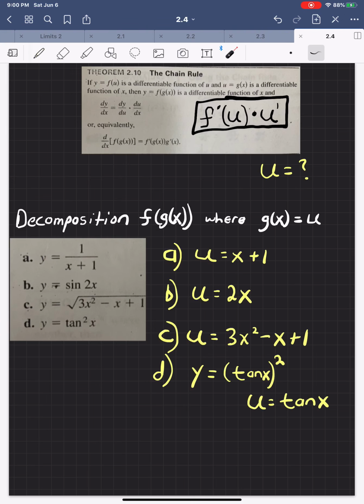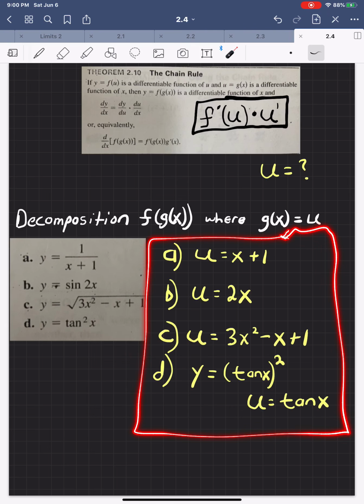Okay, so at this stage, I've given you the formula, the definition that we're going to use for chain rule. I've helped you in the decomposition part, just choosing a good u.